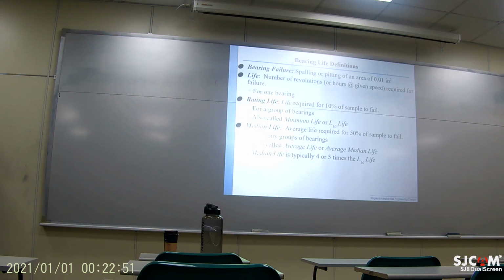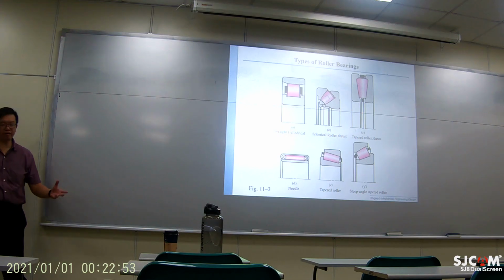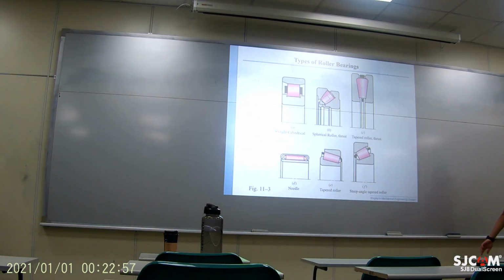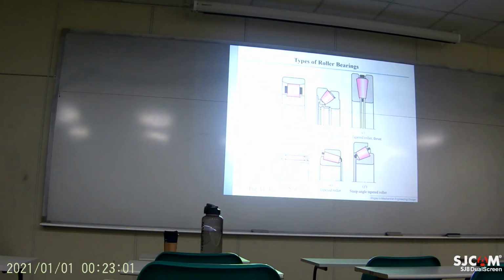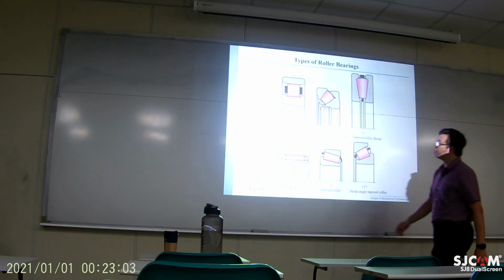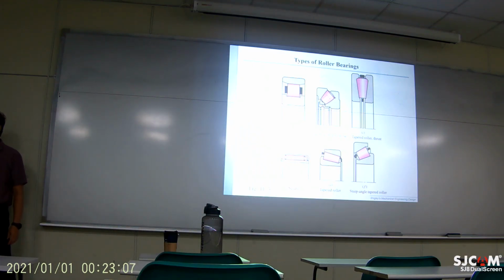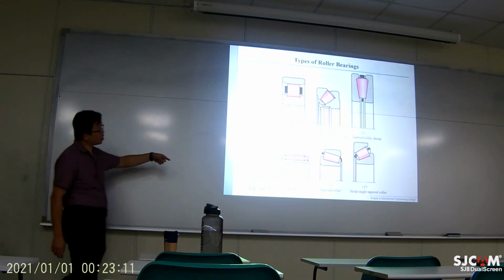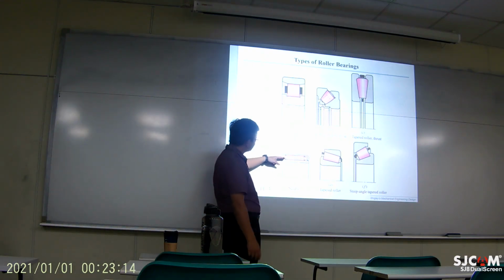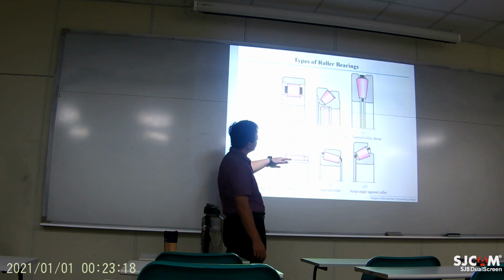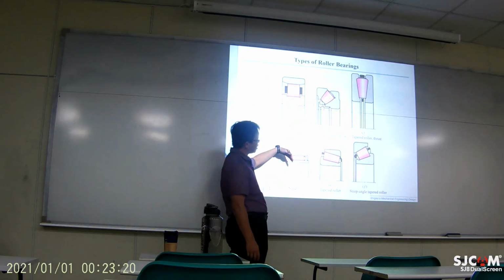What's happening is when you have various kinds of ball bearings. This is the roller type. So roller bearing. The rotation is either following along the central axis or having a tilting angle.